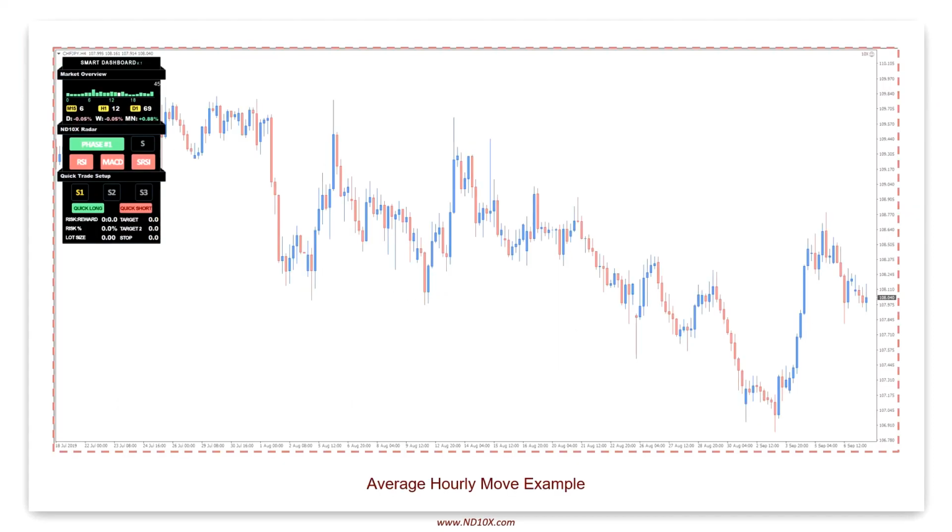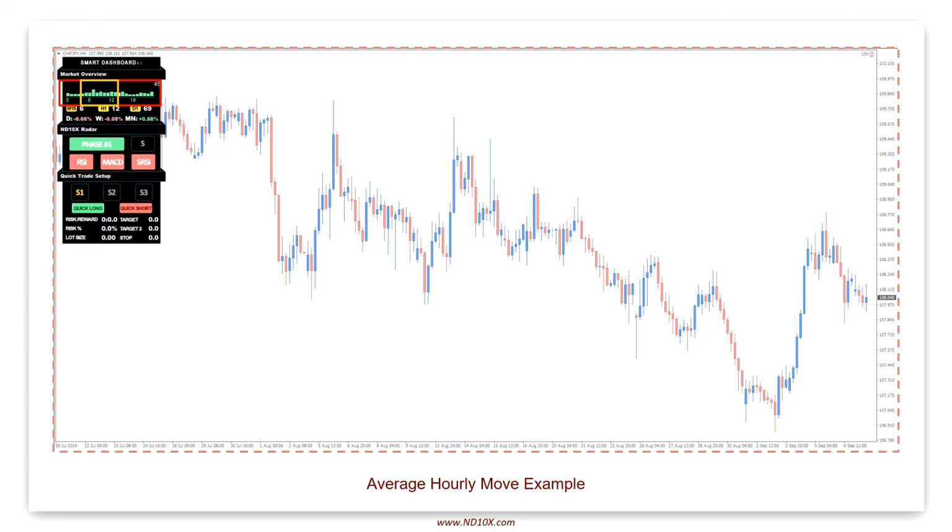So it's just above that average hourly move. And what we are looking for here would be the time where we see the strongest candles. All the green candles are history, and we have the white bar that represents the current hour.